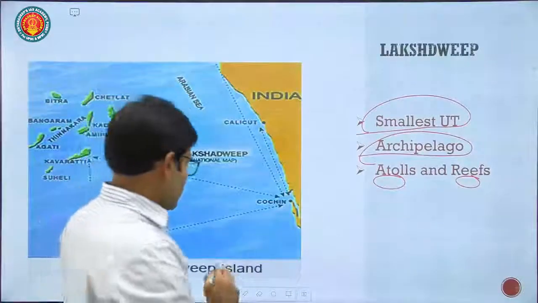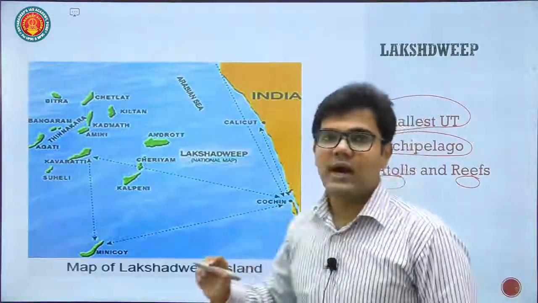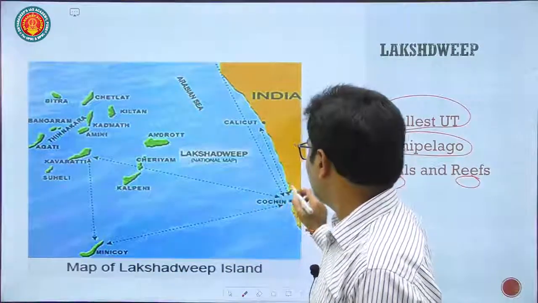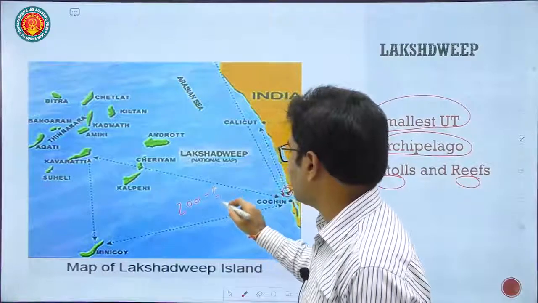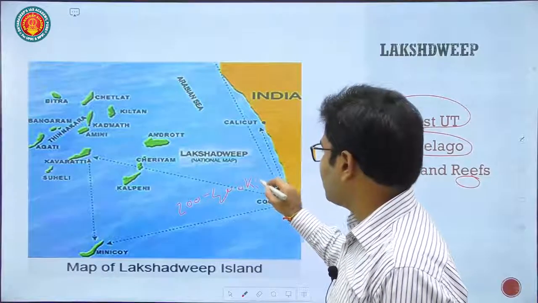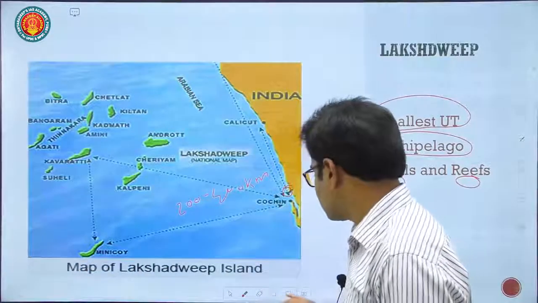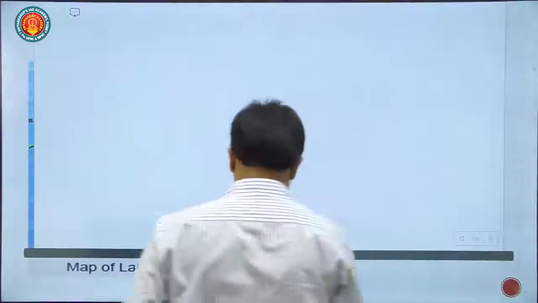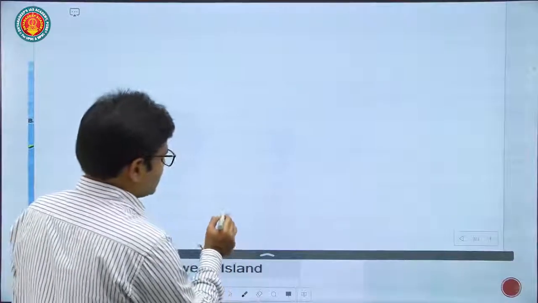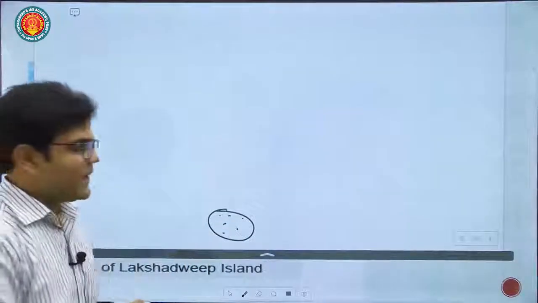So we will see the position of Lecture-02. Lecture-02 islands are present from Kochi, almost 200 to 400 kilometers from mainland India. Then the southernmost island is Minicoy Island. So I will just draw a diagram. This is the island nation of Maldives.